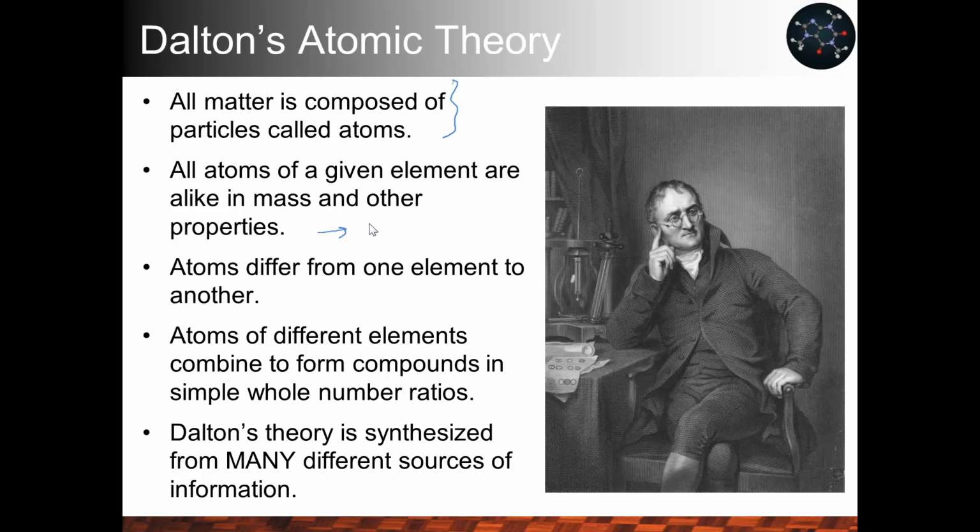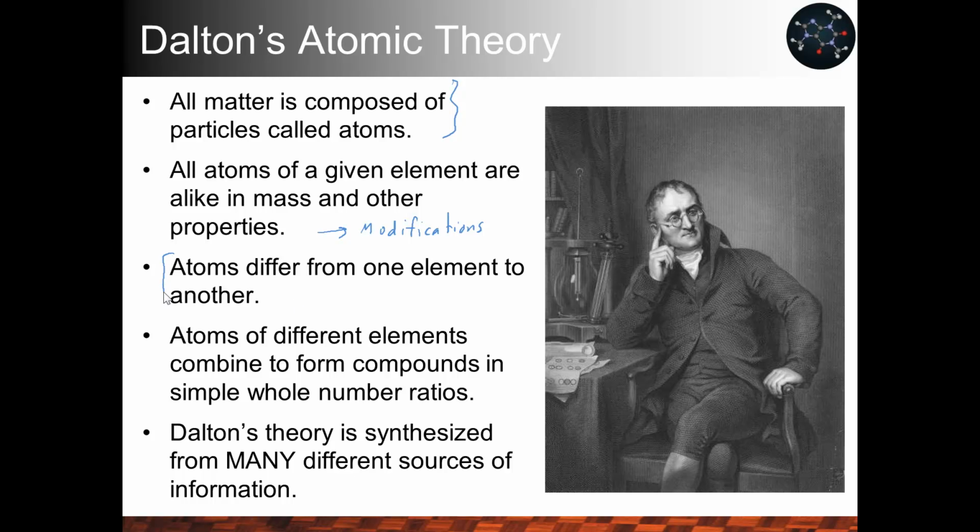This part of his theory had some contradictions later on, after his time. So there's some slight modifications that we'll have to make to this to understand the more modern view of the atom. But for Dalton's theory, and for most intents and purposes, this statement is perfectly fine that all hydrogens are exactly the same, all oxygens are exactly the same as any other oxygen.